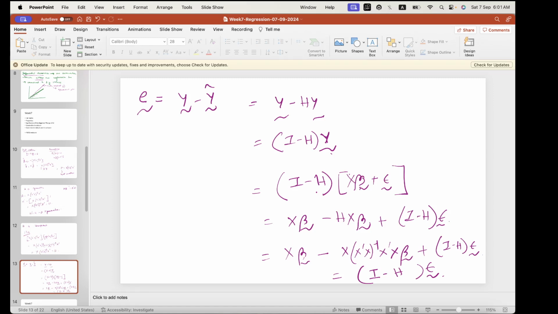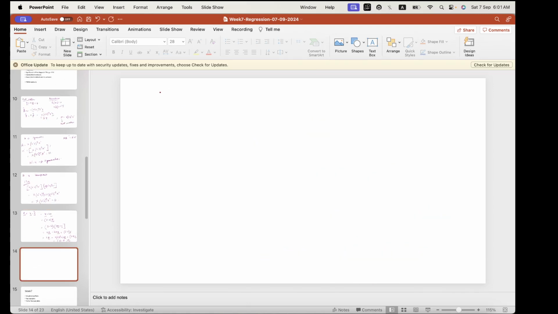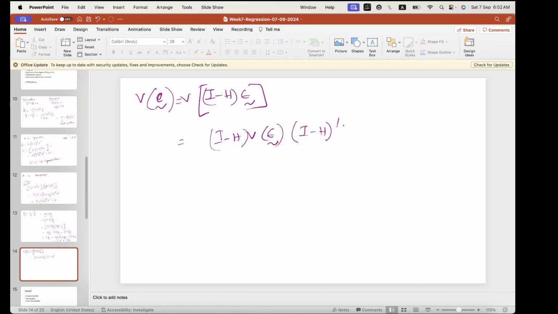Okay, so if residuals can be written in this manner, then what becomes the variance of the residuals? The variance of the residuals becomes the variance of (I − H)ε. So this becomes (I − H) variance of ε (I − H) transpose.